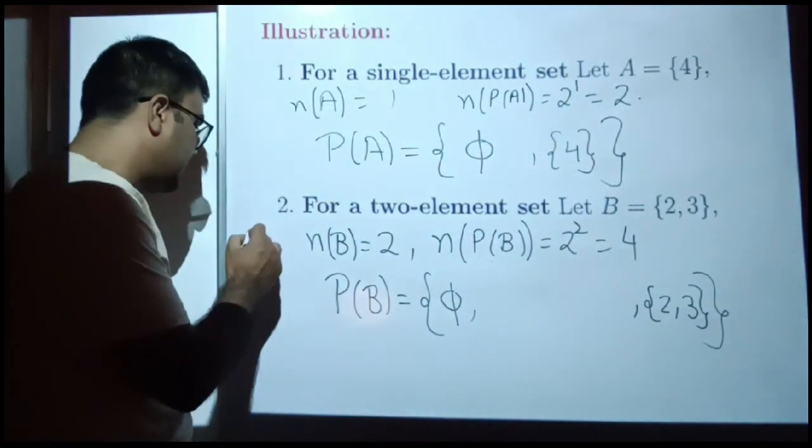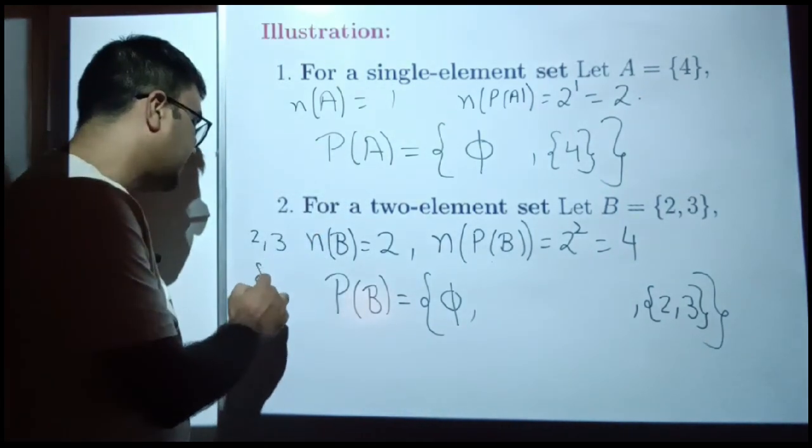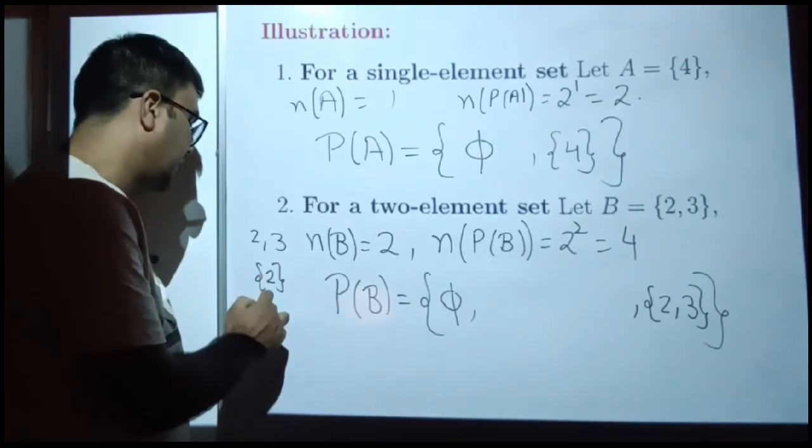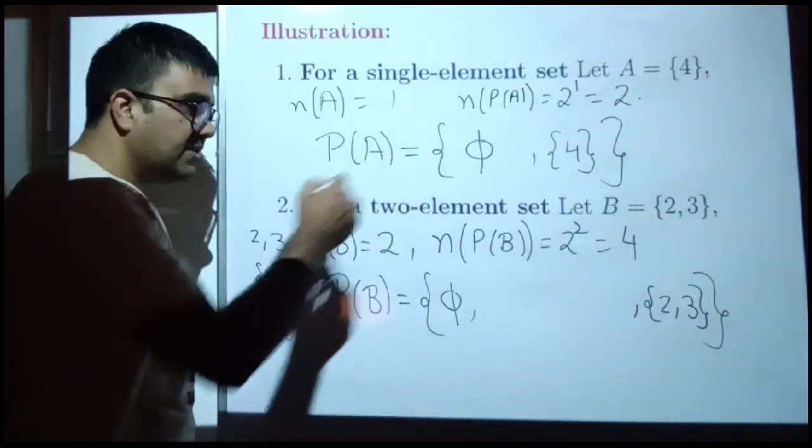Now we have 2 elements, 2 and 3 over here. If I write a set having element 2 and a set having element 3, are these 2 subsets of B?